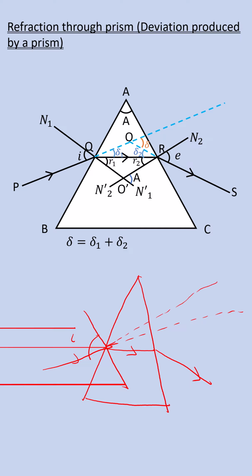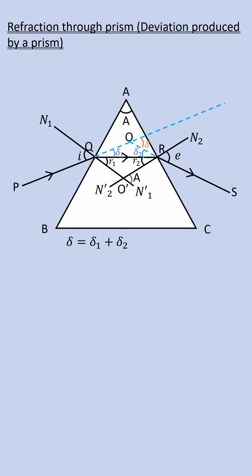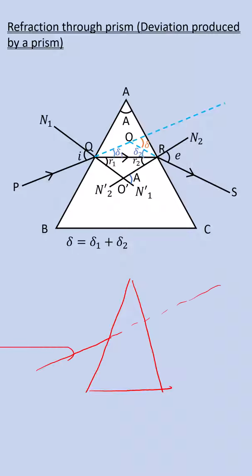This is the direction of incident ray. This is the refracted ray, and this is the emergent ray. Let's draw the normal here. This angle is I, and this total angle is also I, vertically opposite angle.